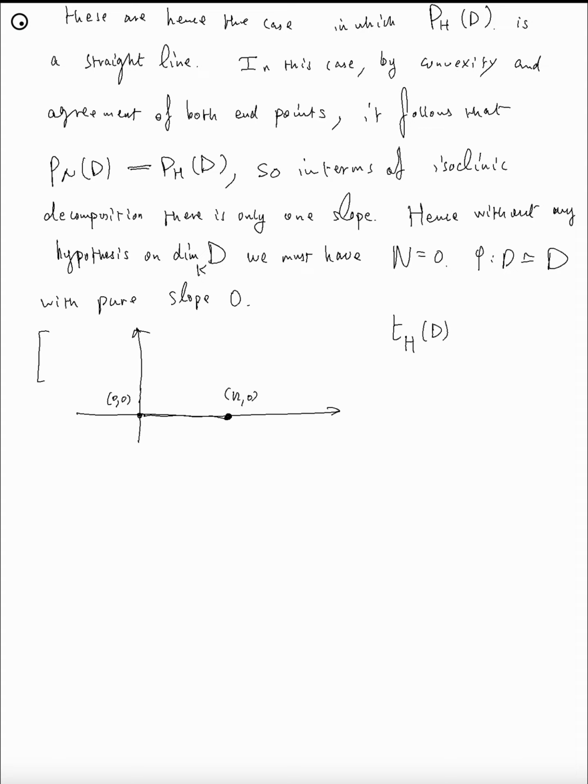It is one of the jumping indices. Here we have Fil 0 equals D, and Fil 1 equals 0, and so this is exactly 0. That's the only jumping index actually. And so this forces this to be 0, because this is the endpoint t_H(D).